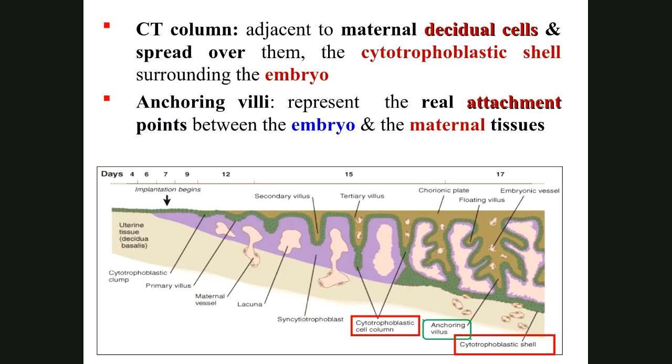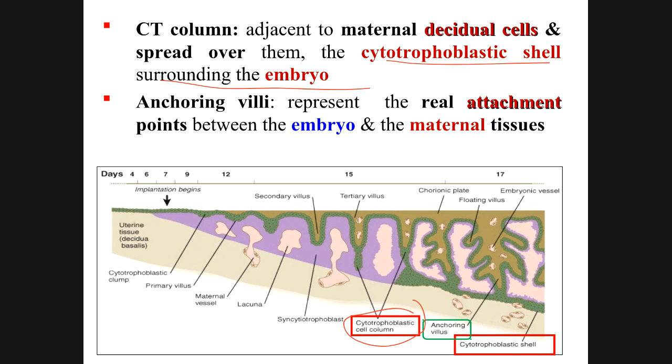Here it is. So this is what I was about to tell you. There, the cytotrophoblastic shell column adjacent to the maternal decidual cells and spread over them surrounding the embryo, right? Anchoring villi represent the real attachment point between the maternal and the embryo tissue. Is that clear now?